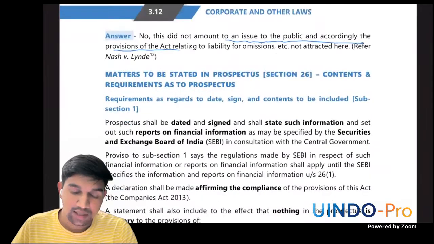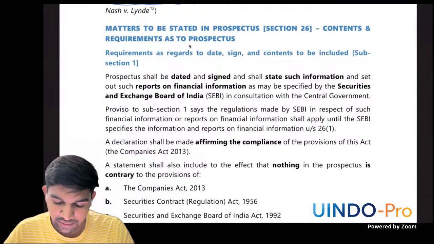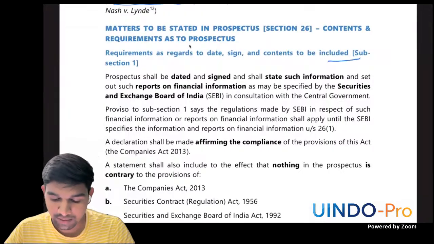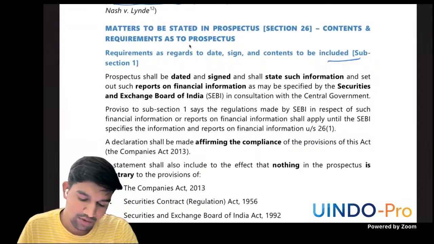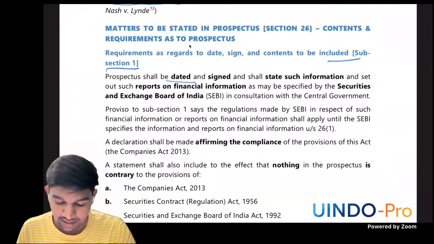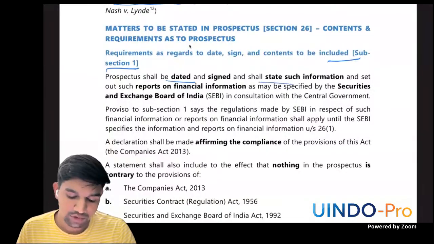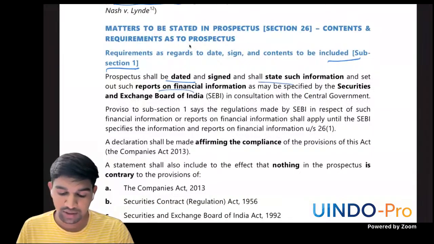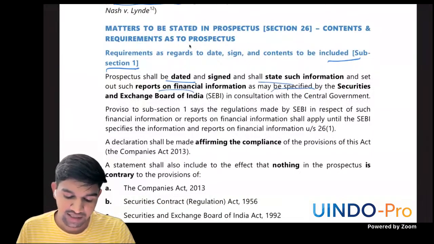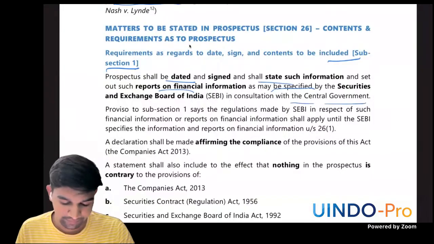Here we are going to deal with contents and requirements as to prospectus. Requirements as regards date, signature, and contents to be included in the prospectus have been mentioned in subsection 1 of Section 26, where the prospectus shall be dated and signed and shall state such information and set out such reports on financial information as may be specified by the Securities and Exchange Board of India in consultation with the central government.